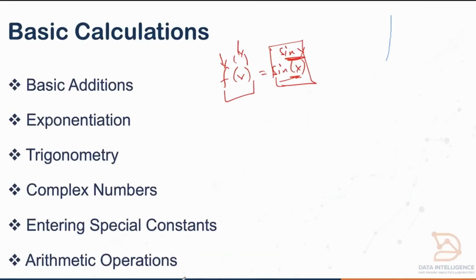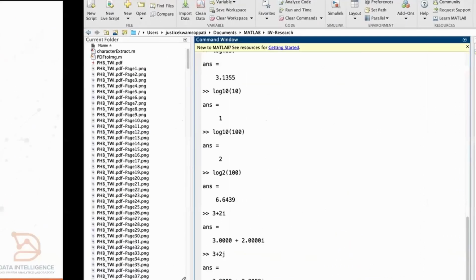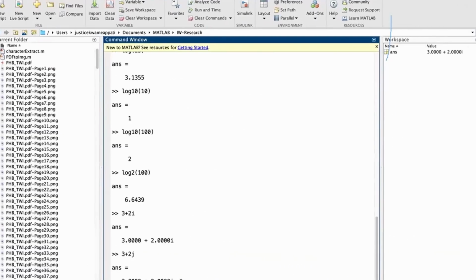Now to special constants. An example of a special constant is the pi symbol. I cannot put a pi as a symbol here. However, MATLAB has codified some of these things for us. One of them I type as pi, which stands for pi.